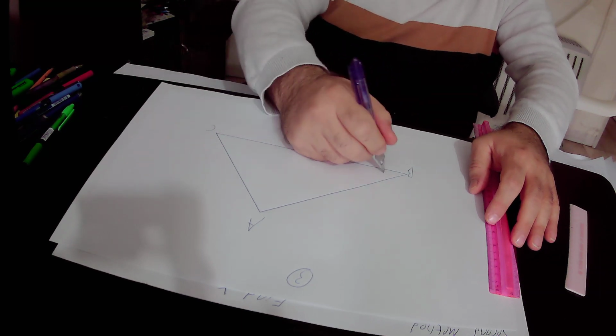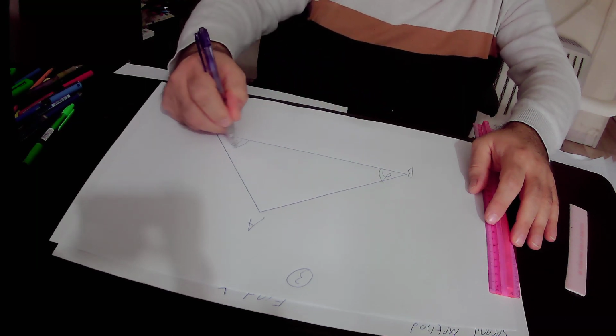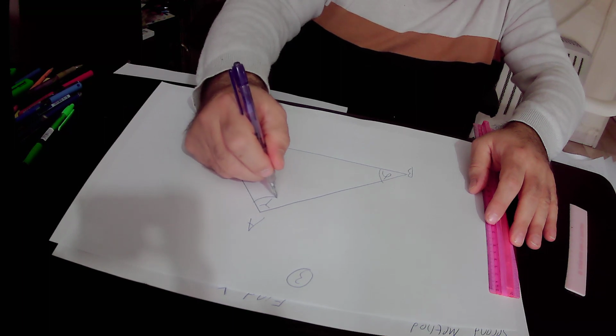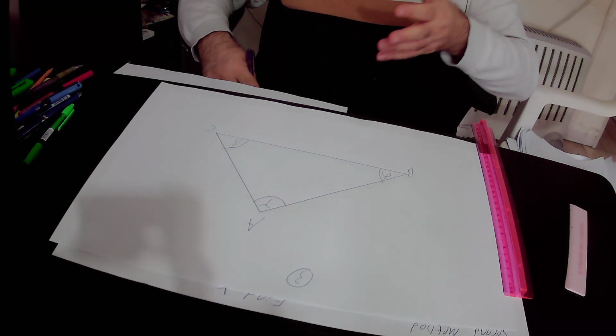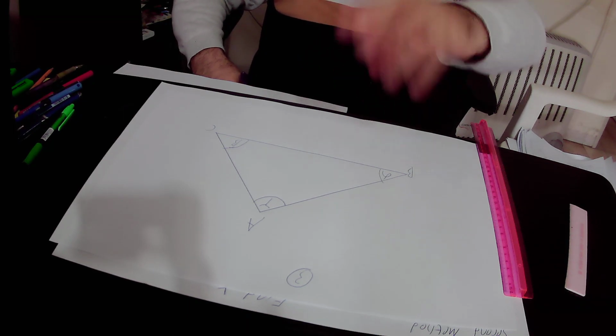We know that this angle is equal to alpha, this angle is beta, and this angle is gamma. So here, alpha, beta, and gamma are the interior angles of triangle ABC.